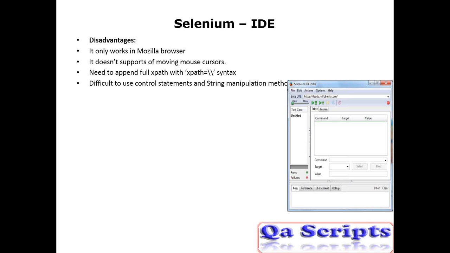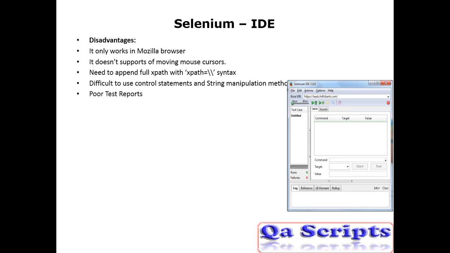We may need to split the command, split the method to perform and to get some user friendly messages and a substring of a sentence. Those kinds of operations cannot be done using Selenium IDE.